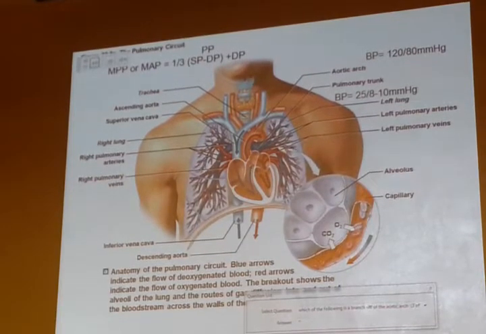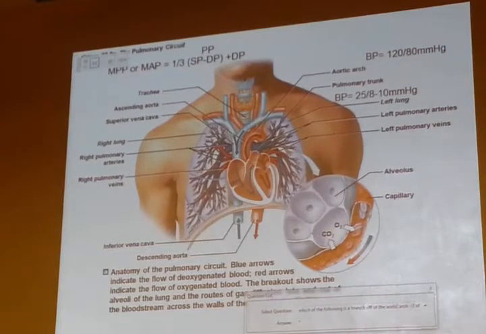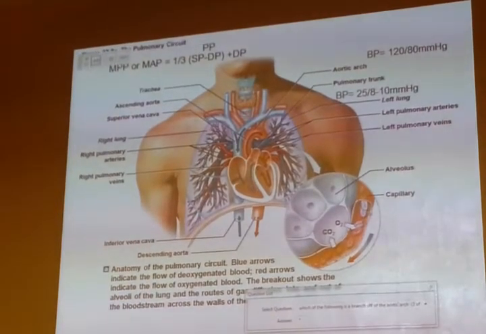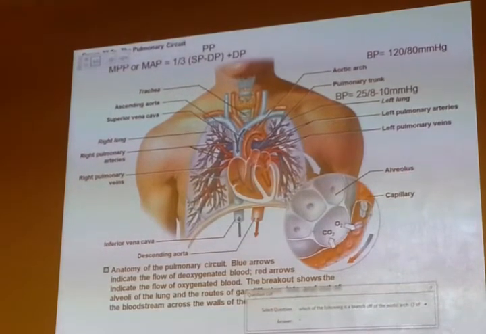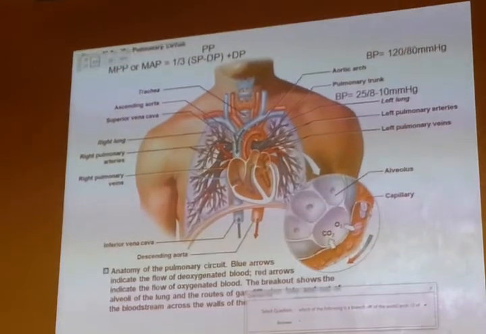You can also do the mean pulmonary pressure, and of course you can't strap a cuff around their chest and pump that up. That wouldn't be how you do it, but you can insert pressure sensors through vessels and get into the pulmonary circulation. Or you can put it into the right heart and get an indication of what the heart has to pump up above to get blood out.